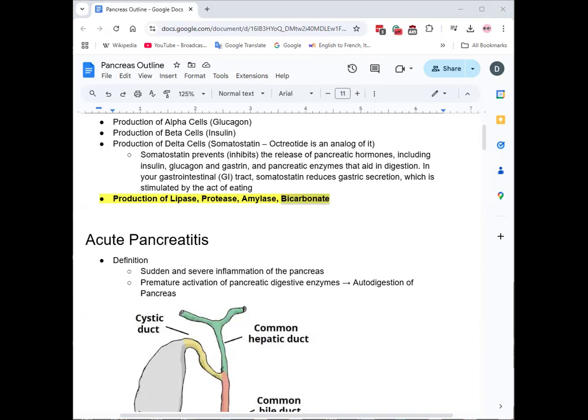Maybe. I'm not sure if tryptamine comes up in here. Are you thinking of trypsin? Let me double check all this stuff. These are all good questions.